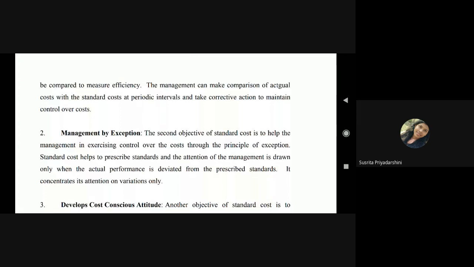Which variations? If it is unfavorable, then it will attract the attention of the management. But if it is favorable, then it will not attract the attention. But if the favorable is also very large, then it will attract the attention, because it is a quite good sign for the company, which will convert a loss making organization into a profitable one.